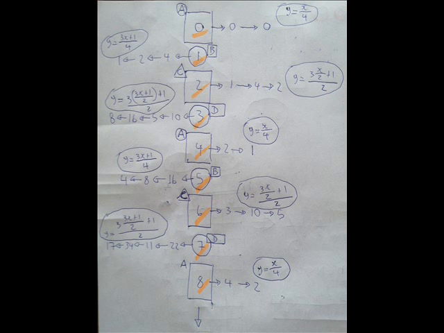The third pattern appears with the number 2 and repeats with the number 6, and so on. So for the number 2, we have 2, which results in 1, and then in 4, and finally in 2.